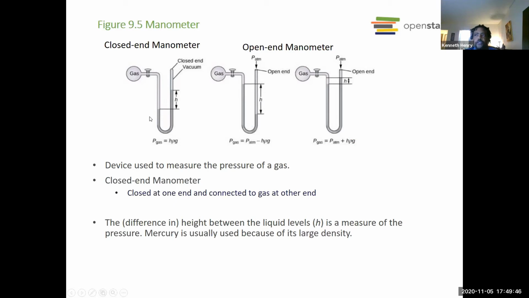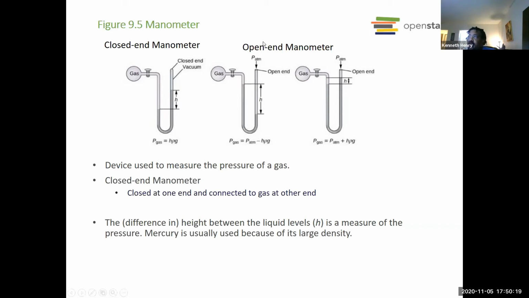In this case, the pressure is just going to be pushing the mercury up the U of the tube, and the distance between the levels of mercury gives us the height. That's how we use millimeters of mercury, or we could change it into pascals using the height, density, and gravitational acceleration.